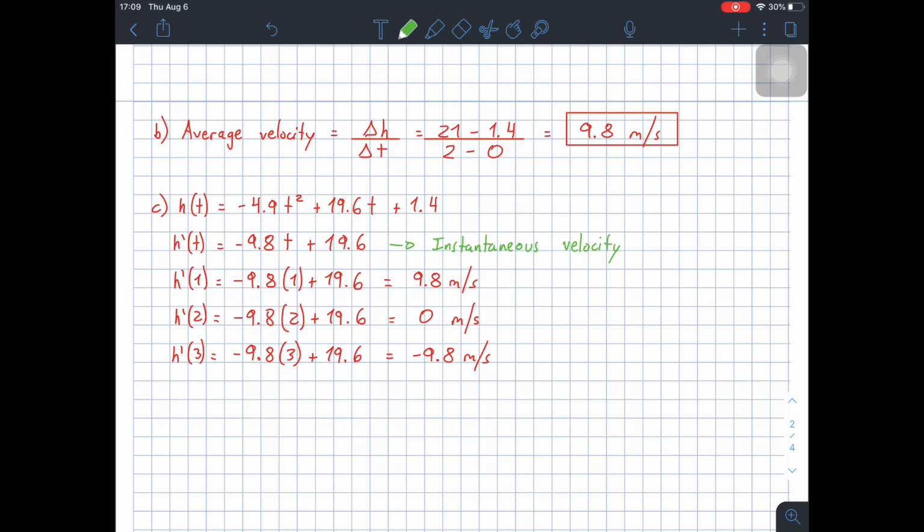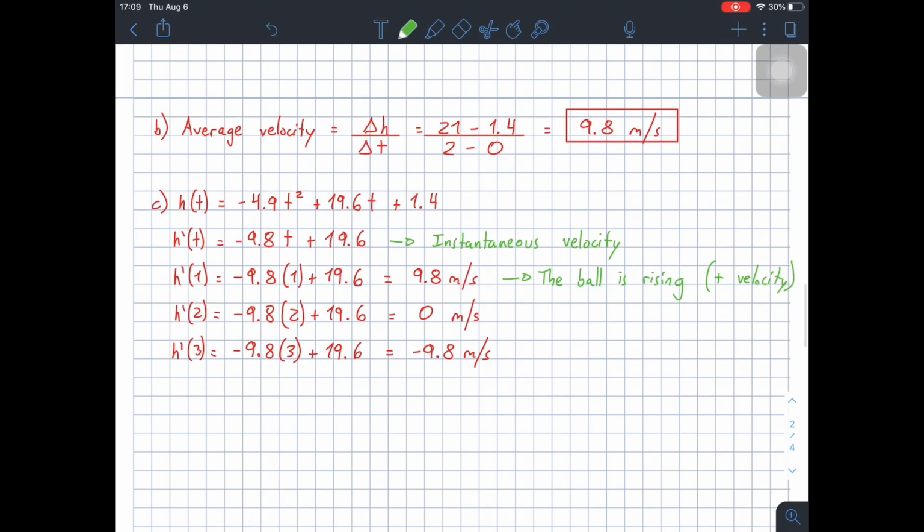So if I found the instantaneous velocity for time equals 1, 2, and 3, you should already interpret that a positive value means that the ball is rising, right? Why? Because it has a positive velocity, okay? If it has positive velocity, it means it's rising. If it has a 0 velocity, it means that it's at its maximum point because it's rising, and then it will be falling. And if it's negative, it means that the ball is falling, okay?